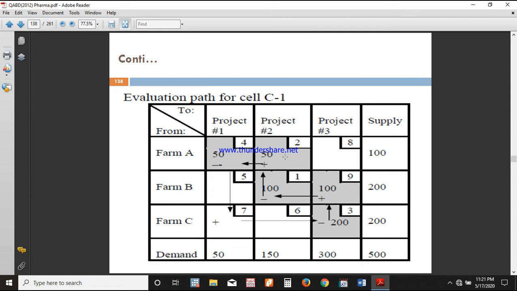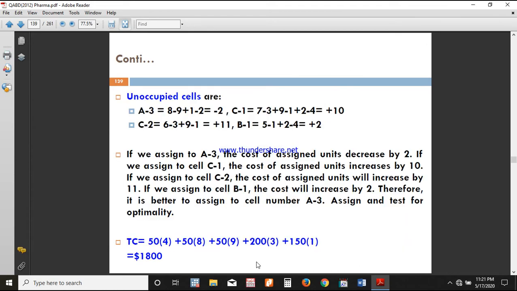From the minus sign cells, you can choose the smallest value, that is 50. 50 minus 50 is 0, 0 plus 50 is 50, 100 minus 50 is 50, 100 plus 50 is 150. Now the total cost will become 1,800 after remodification through this Stepping Stone method.